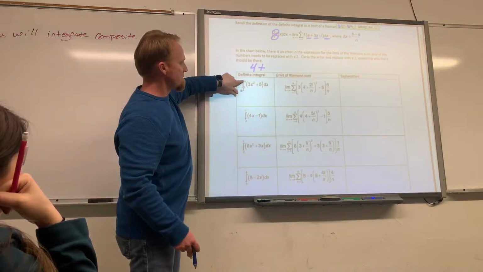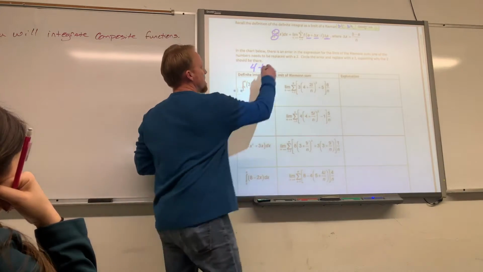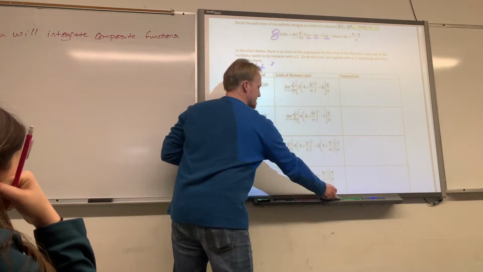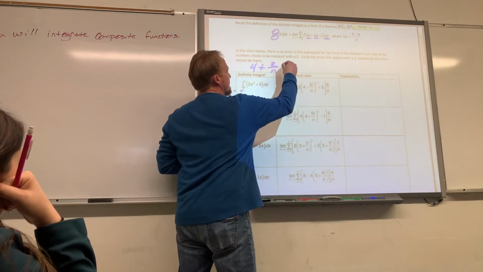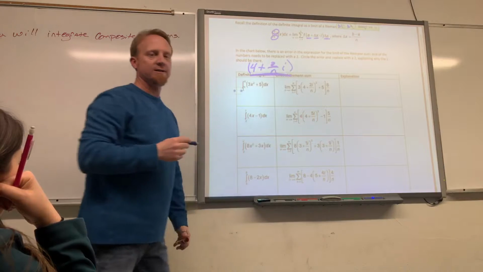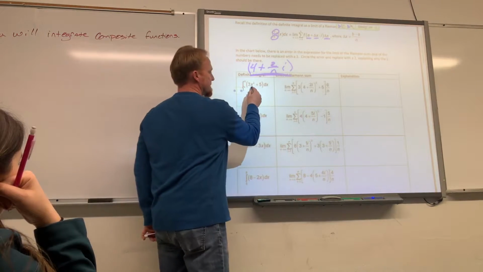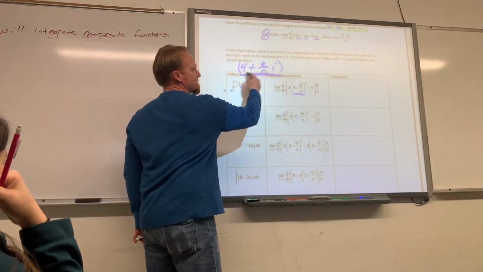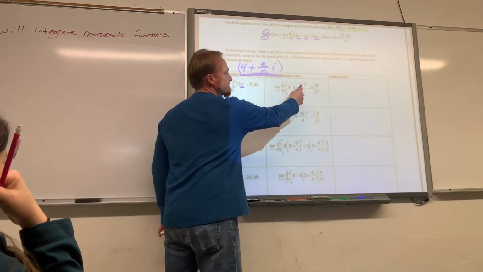So how far is it from top to bottom? 2. So plus 2 over n. And then I need times i. Now this whole thing right here needs to go where? It goes in place of the x. So if you notice, the x would be right here, and then what we just had goes there. Okay?